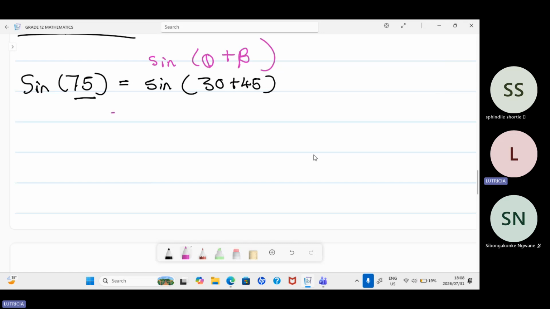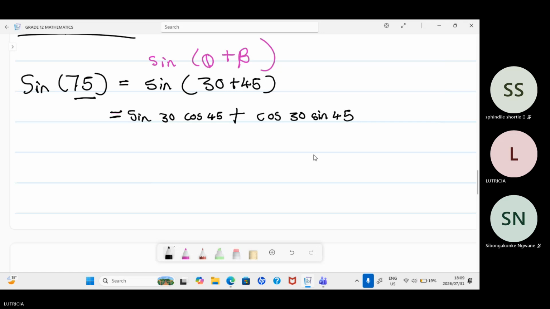So it's gonna be sine 30 cos 45, and because it's a sine and a plus here at the center, it's plus, and then cos 30 sine 45. But we're not allowed to use our calculators because the instruction will normally be without using your calculator.